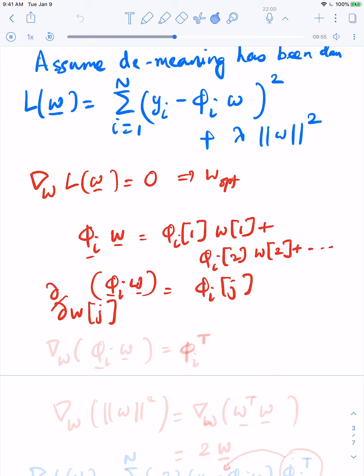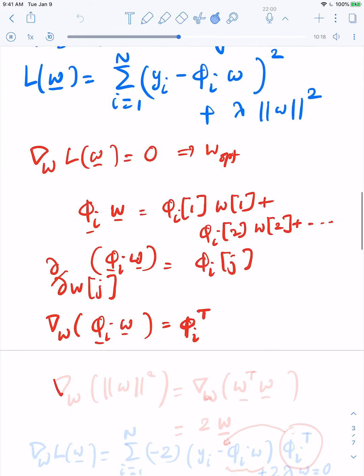So the gradient of phi times w is just the elements of phi, but of course phi was a row vector and this is a column vector, so this is just phi transpose.